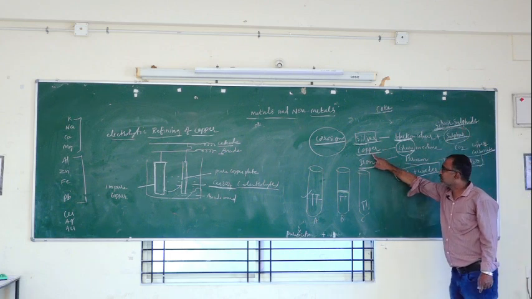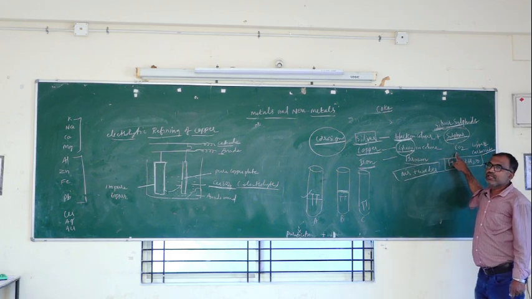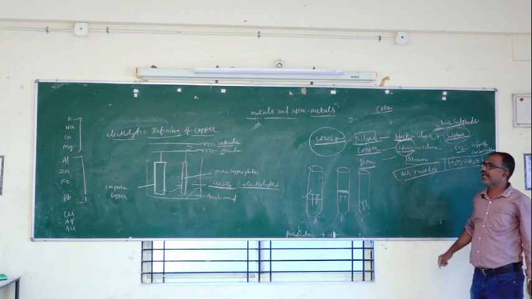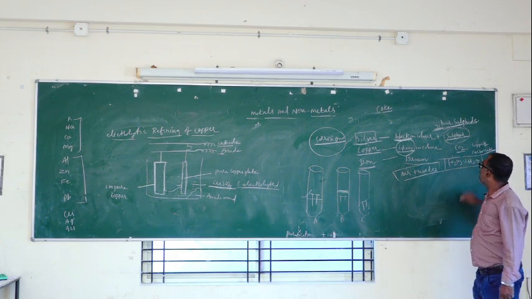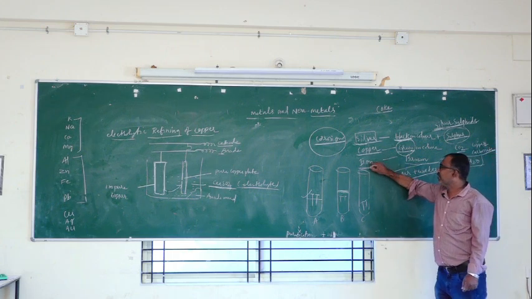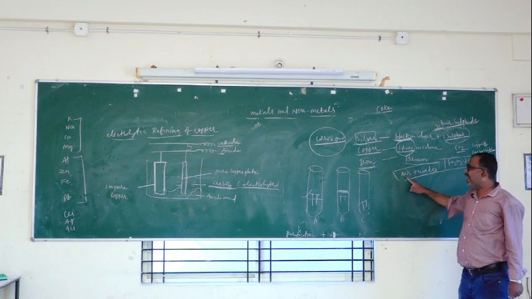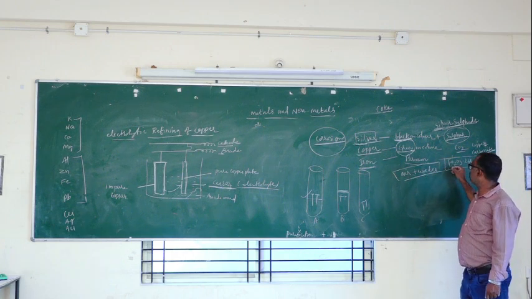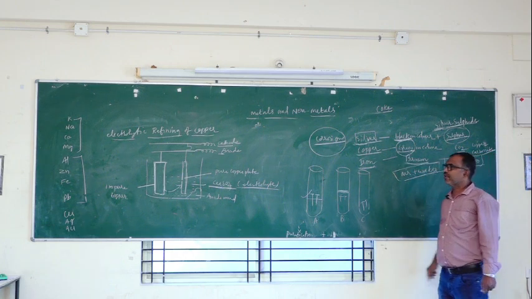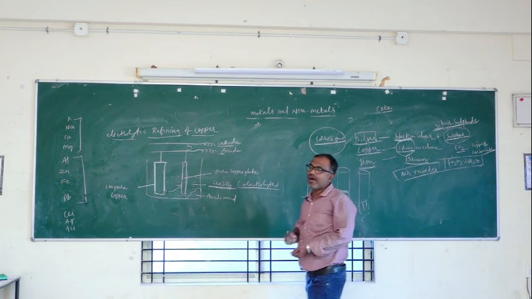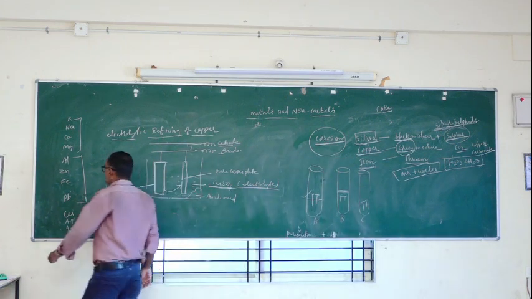Then copper becomes green because it reacts with carbon dioxide and forms copper carbonate. Then iron reacts with air and water and forms a brown substance that we call the rusting of iron. So this is about corrosion.